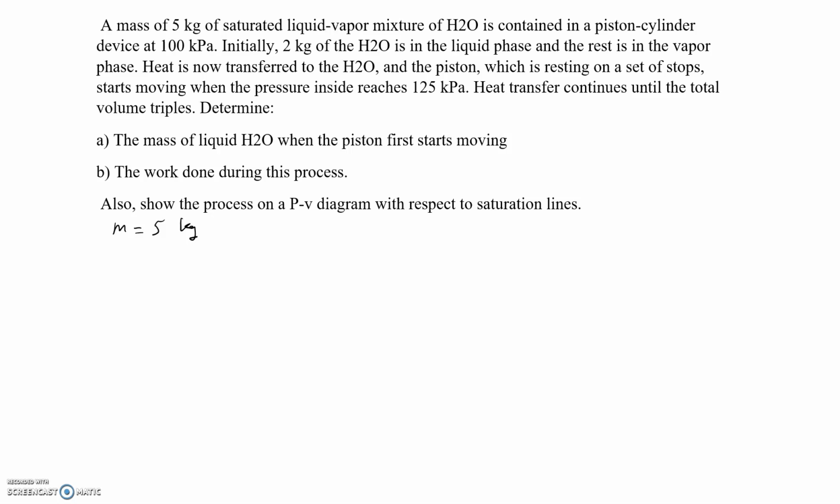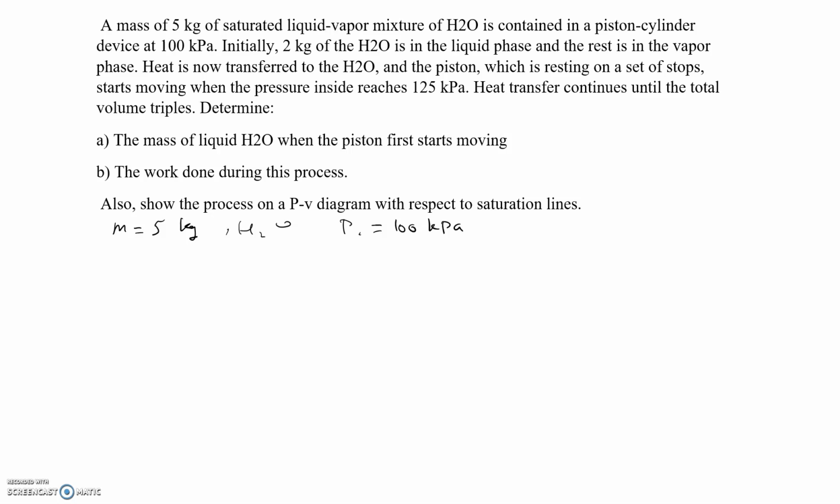We want to calculate a couple of properties here. The heat is applied until the total volume is tripled. Alright, so in order to calculate this, we need to write some of this information here. So we have 5 kilograms of water, right? And initial pressure is 100 kilopascal.